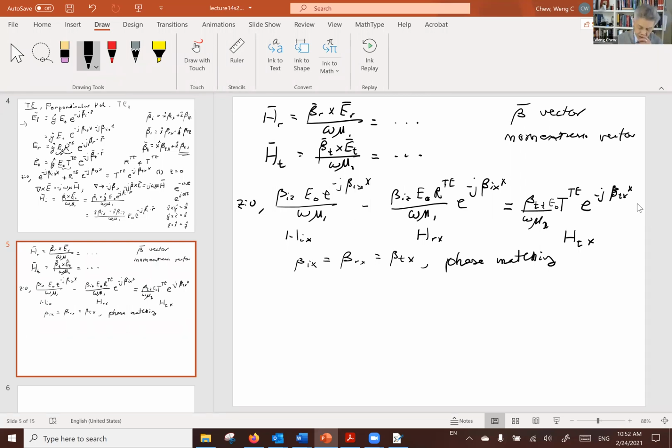So we have this condition, and from that you can learn a lot of things. You can get Snell's law out of this. We'll discuss that later, because I will talk about Snell's law later.